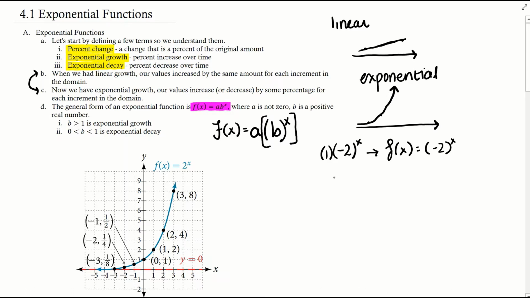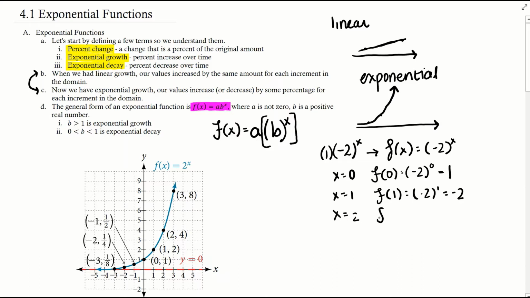So what happens when x is 0? Our f of x is equal to 1, because anything to the power of 0 is always going to equal 1. What happens when x equals 1? We're going to get negative 2. Now what happens when x equals 2? We're going to get 4.